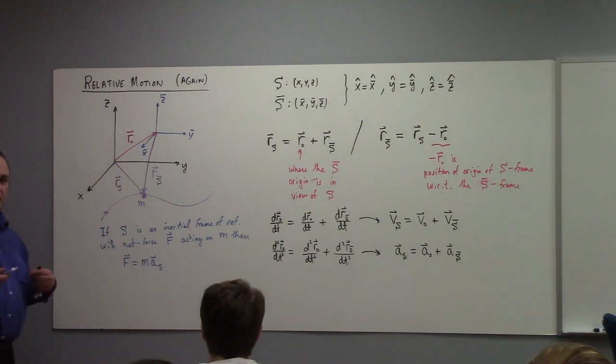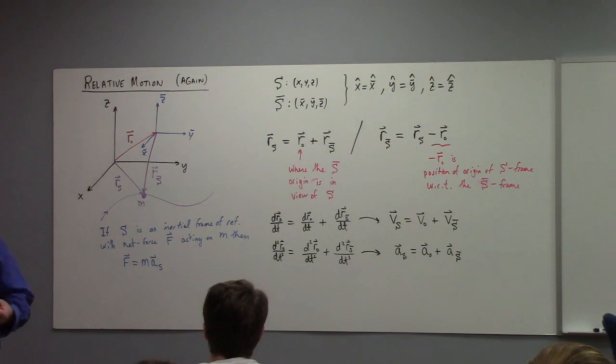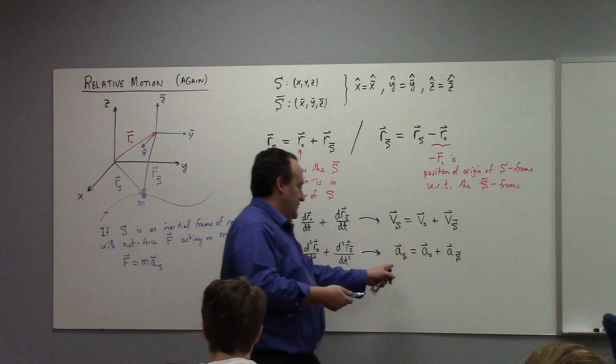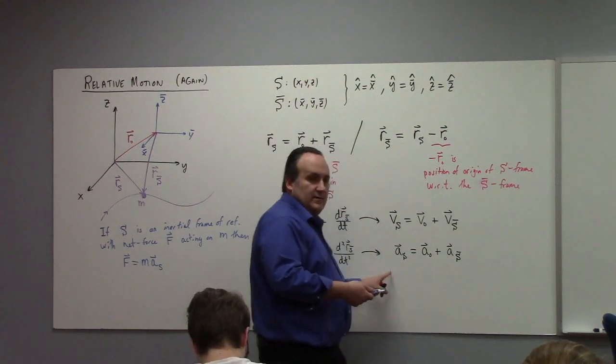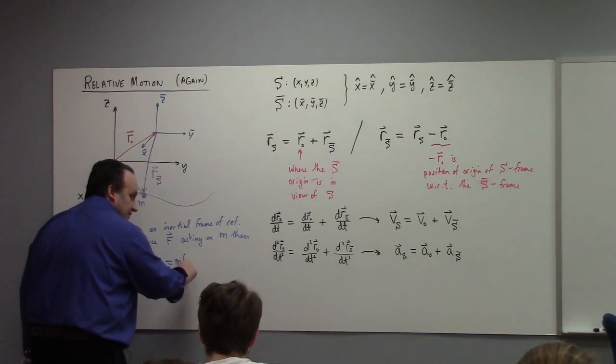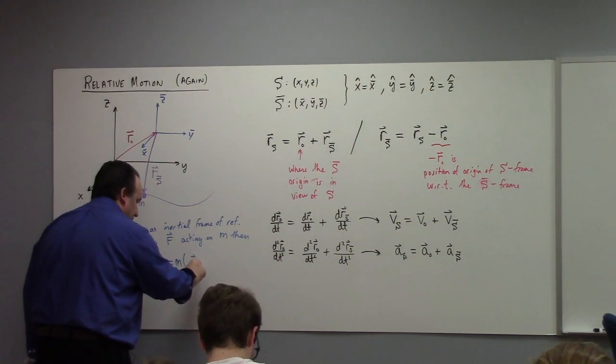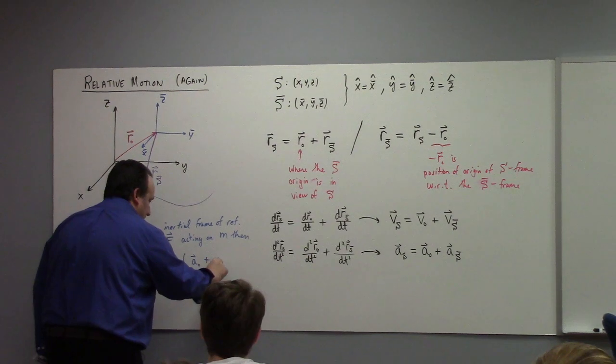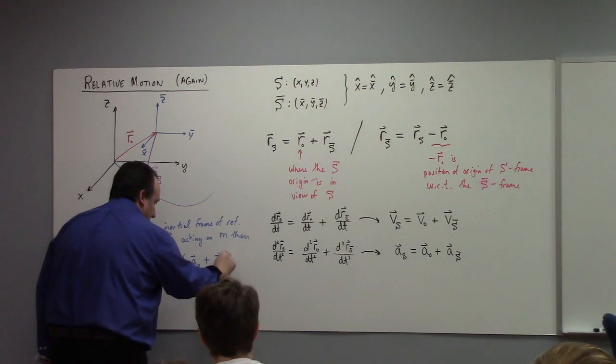But how is A sub S related to the acceleration in the moving frame? I can substitute in here, plug that in over here, and this gives me mass times the acceleration of the origin of the moving frame plus the acceleration measured with respect to the moving frame.